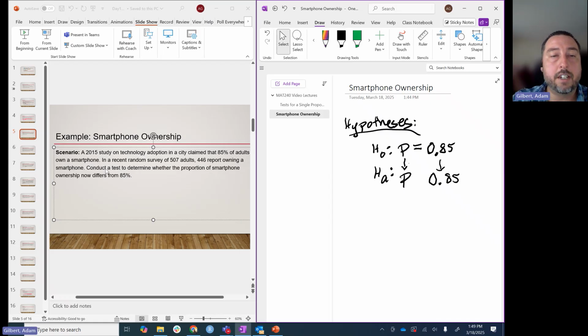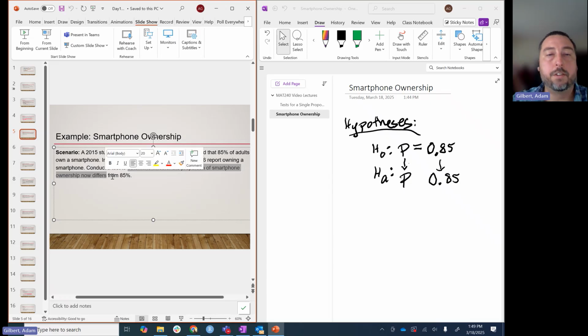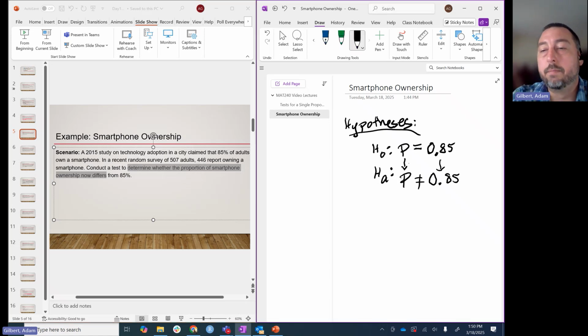Here, we're trying to conduct a test to determine whether the proportion of smartphone ownership now differs from 85%. So differs from 85% could mean two things. One, the new proportion could be below 85%, or the proportion could be above 85%. And for that reason, we'll use a not equal to symbol here.